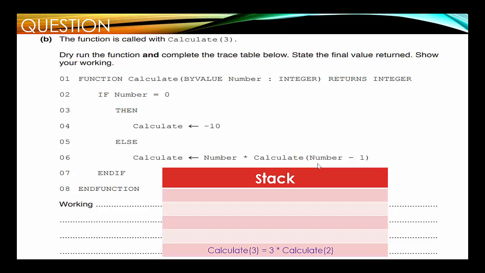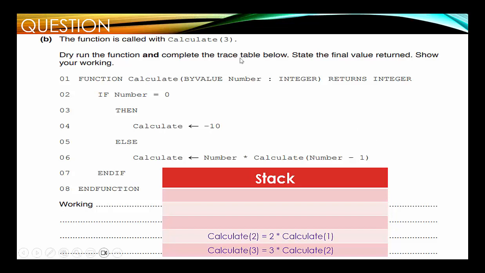We're going to put that into the stack and deal with calculate(2) because that's been called. If number equals 0, it doesn't. Number right now is 2. We skip over the then, we run this else. Calculate equals number times calculate(2 minus 1). It's calling itself. So where does calculate(2) go? It goes directly into the stack because now we got to deal with calculate(1).